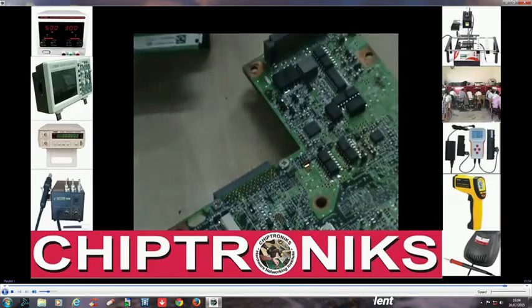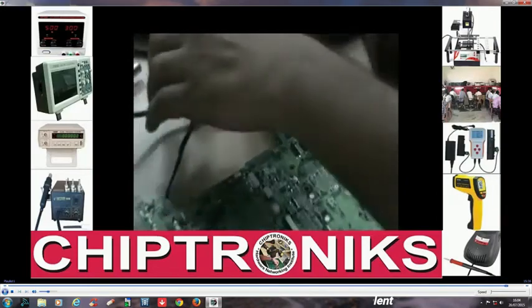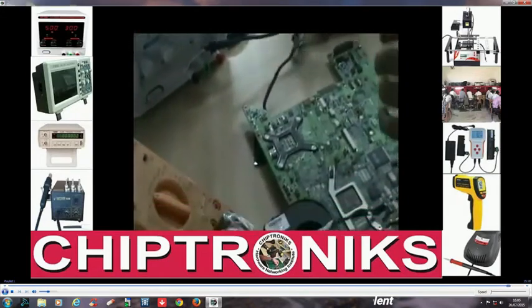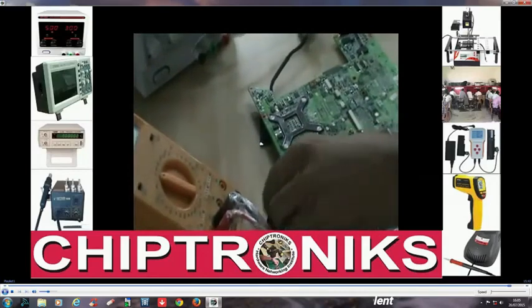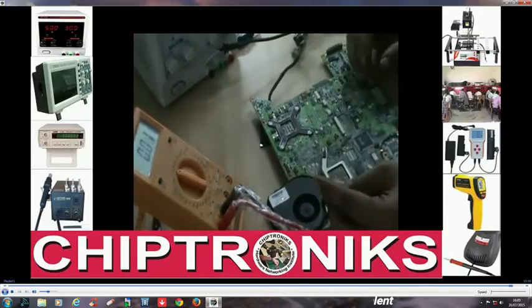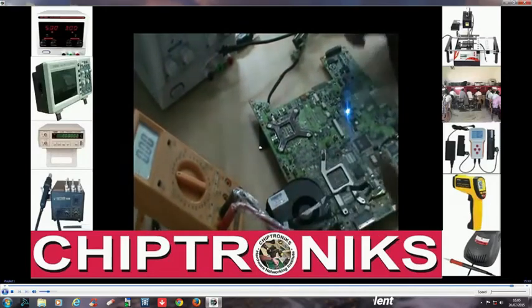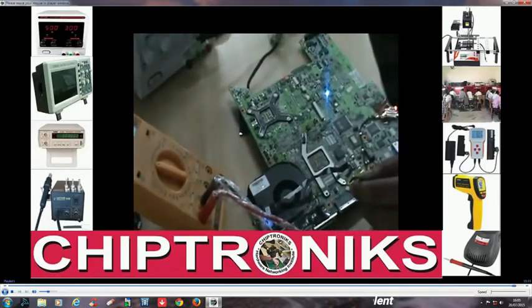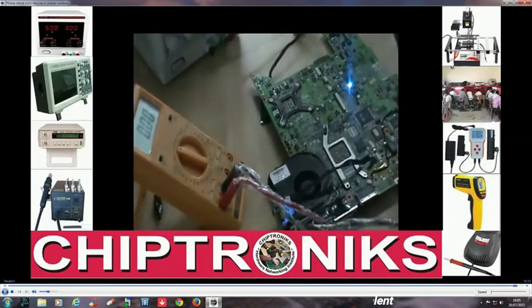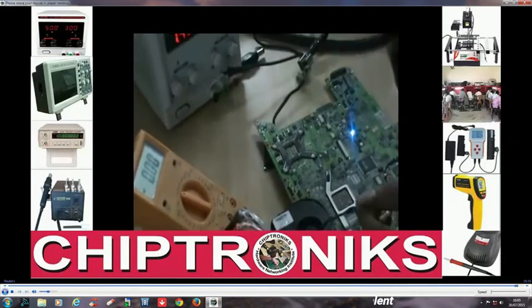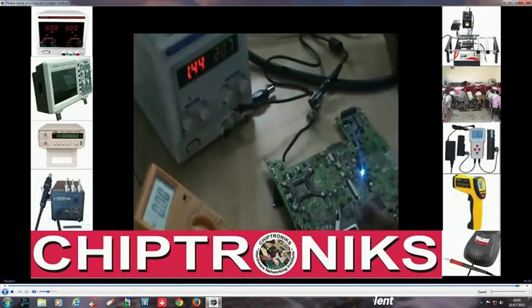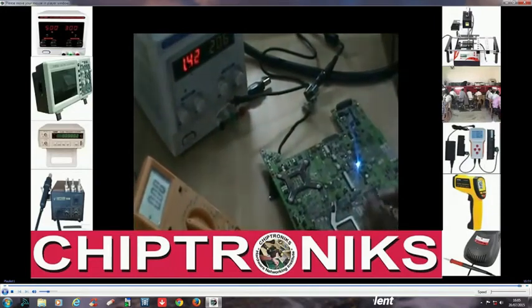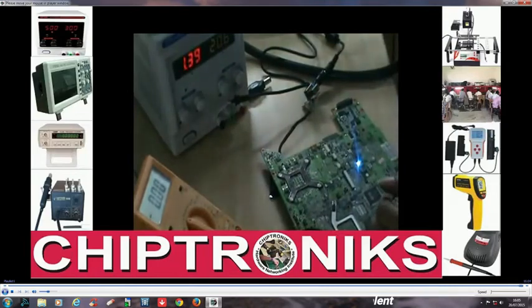Okay, now here we check. Okay, and check back again. Yeah, it's turned on. Now with this DC power supply machine, we check where is the actual faulty component to do this job. Thank you.